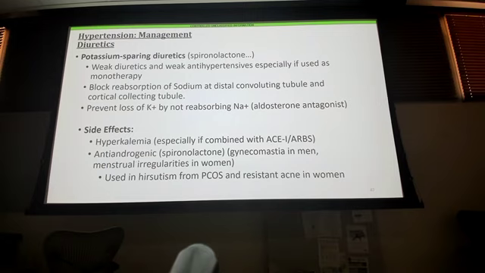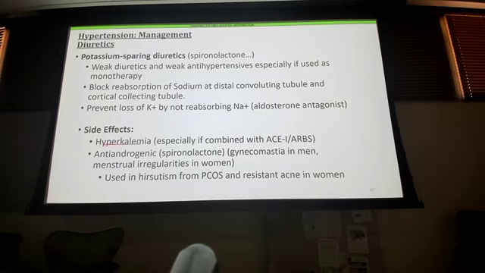So if I happen to have them on an ACE or an ARB, and I put them on this agent, I could precipitate hyperkalemia. Now I've got two different medications that are increasing your potassium levels. Okay. So be careful prescribing this in patients who are already on ACEs or ARBs.